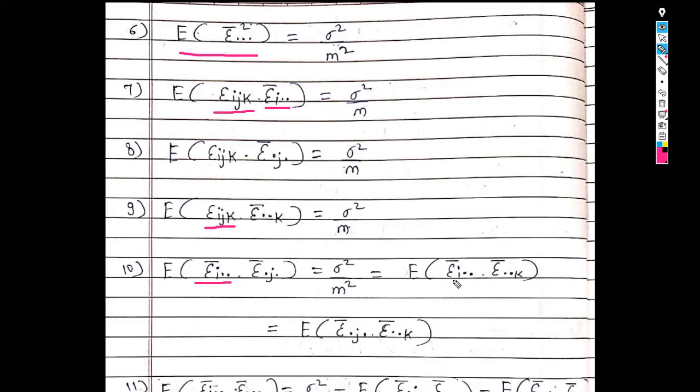Similarly, the expected value of epsilon i dot dot bar into epsilon dot dot k bar, and the expected value of epsilon dot j bar into epsilon dot dot k bar, is also sigma square upon m square.